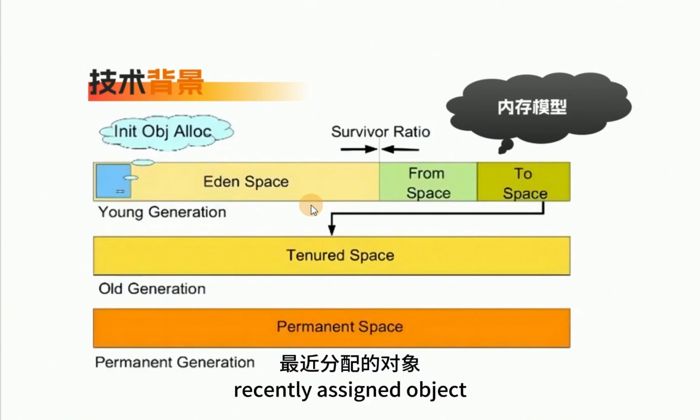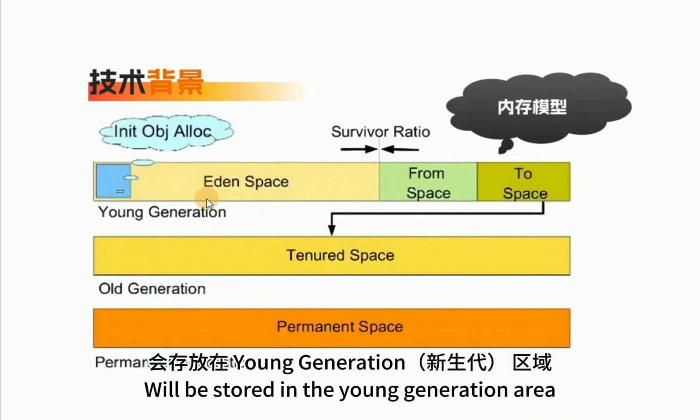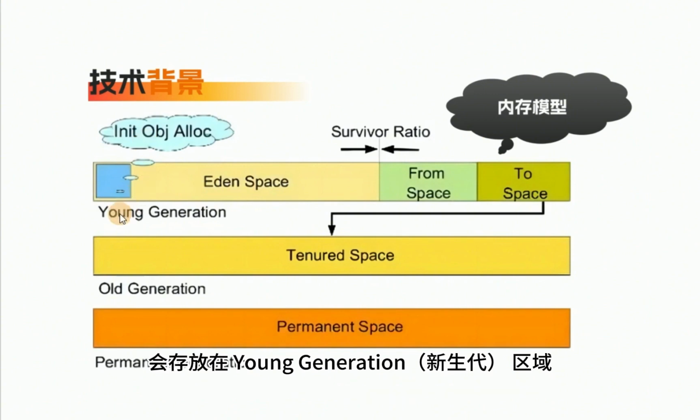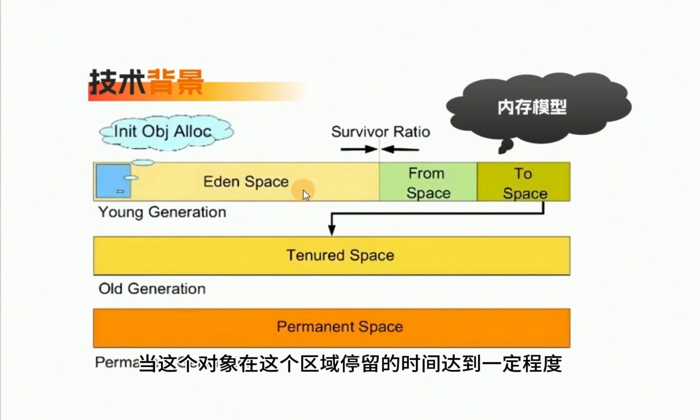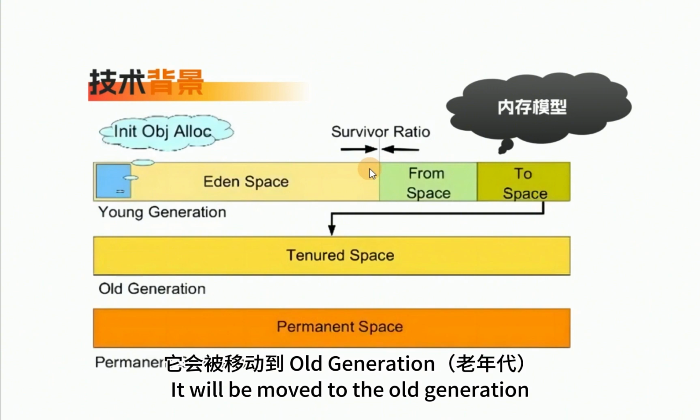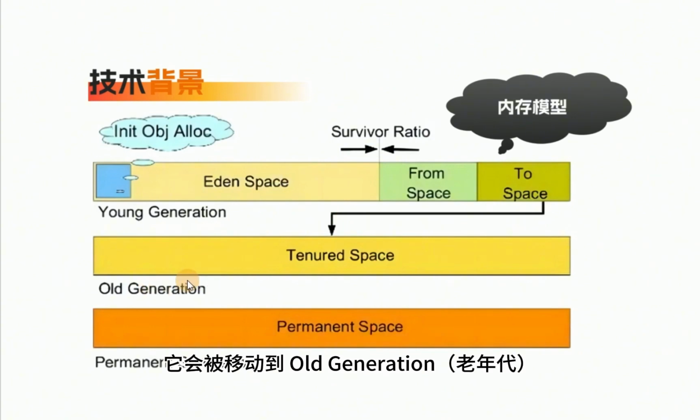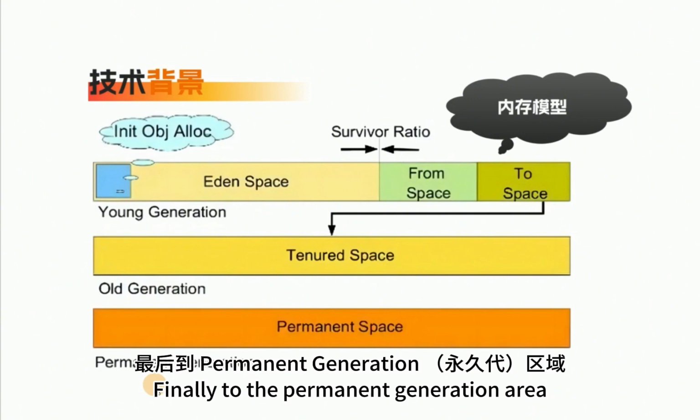Recently allocated objects will be stored in the young generation area. When these objects stay in this area for a certain amount of time, they will be moved to the old generation, and finally to the permanent generation area.